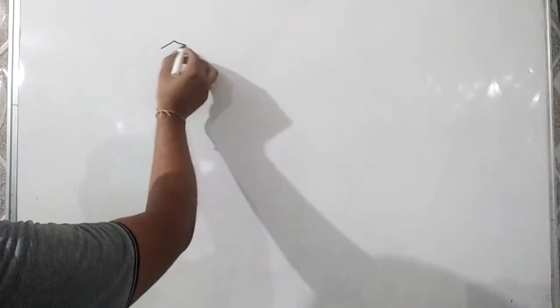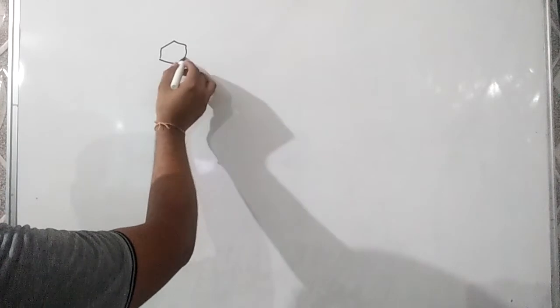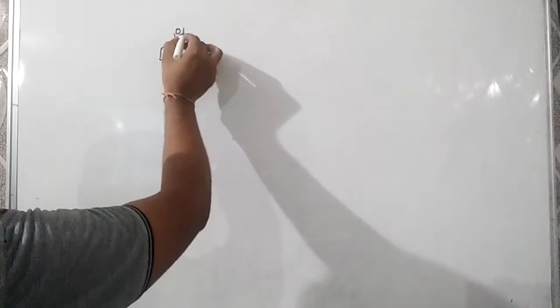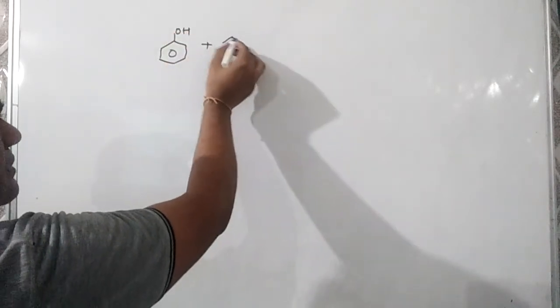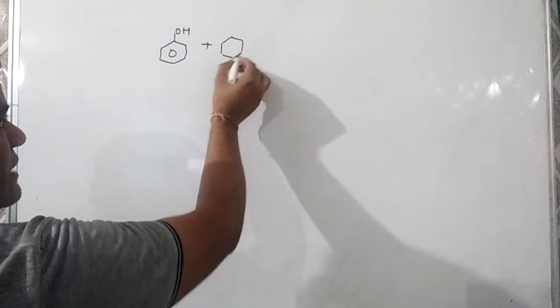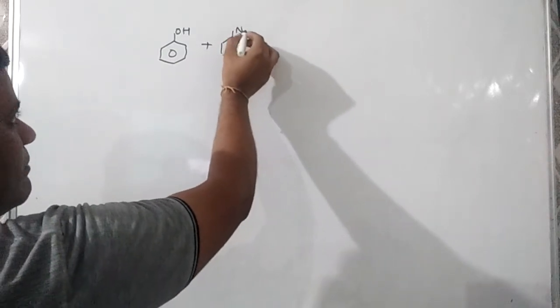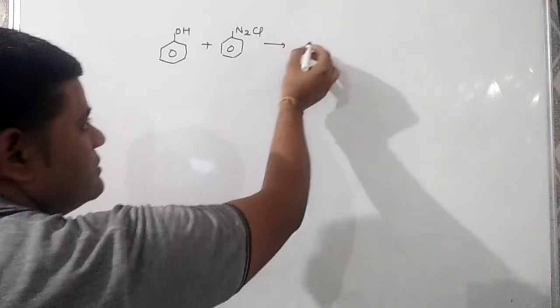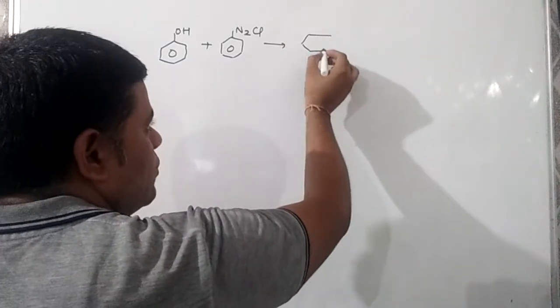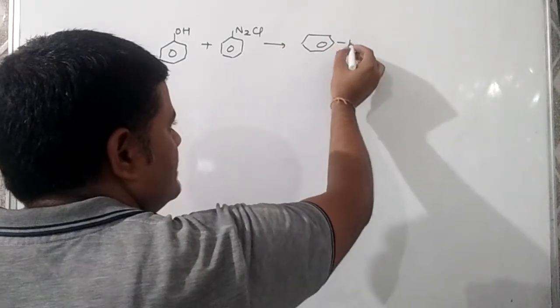Phenol will react with benzene diazonium chloride to produce an orange red dye, and the name of that dye is para-hydroxyazobenzene.